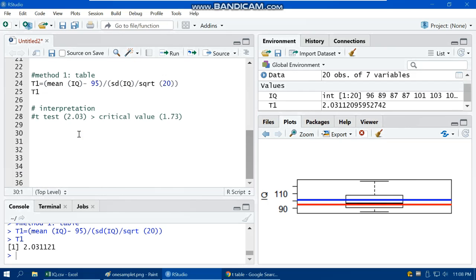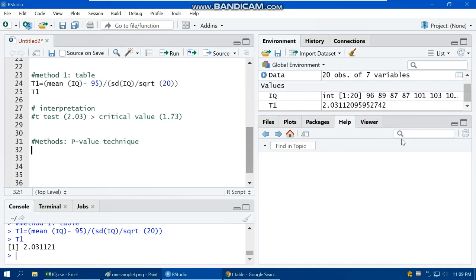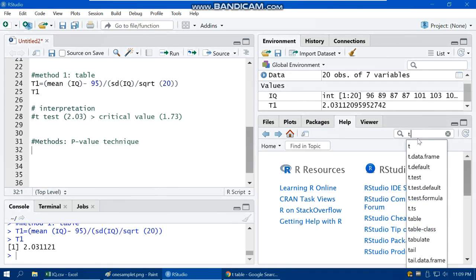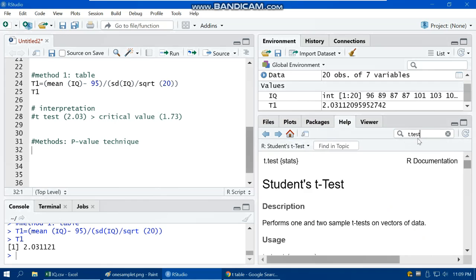So another way, which is much easier to run this t-test, is using the built-in R function. Okay, so method number 2 is called the p-value technique. So for the p-value technique, we use a test with the name of t.test, this command.